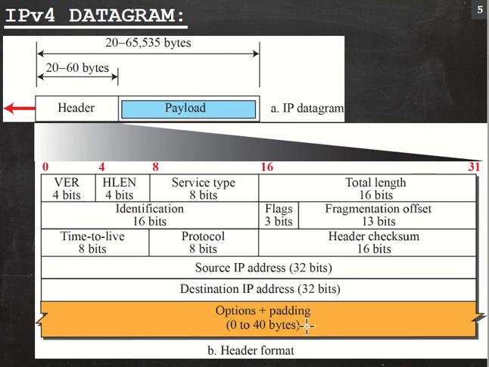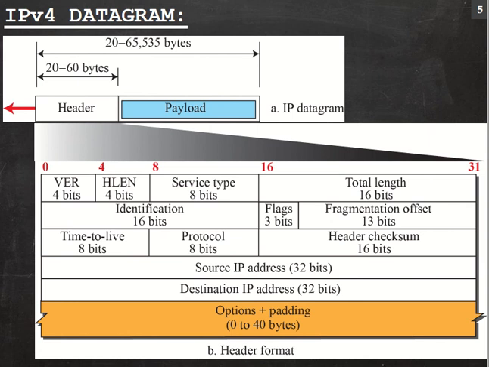And the last field is options plus padding, which is of 0 to 40 bytes. The datagram header can have up to 40 bytes as an optional field, and this field is used for network testing and debugging. Whenever testing of the network has to be done and some debugging has to take place, then this field will be used and data will be entered in this particular field.